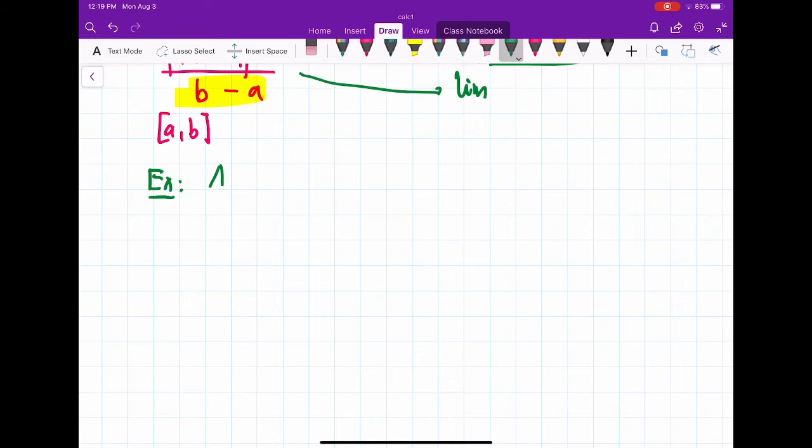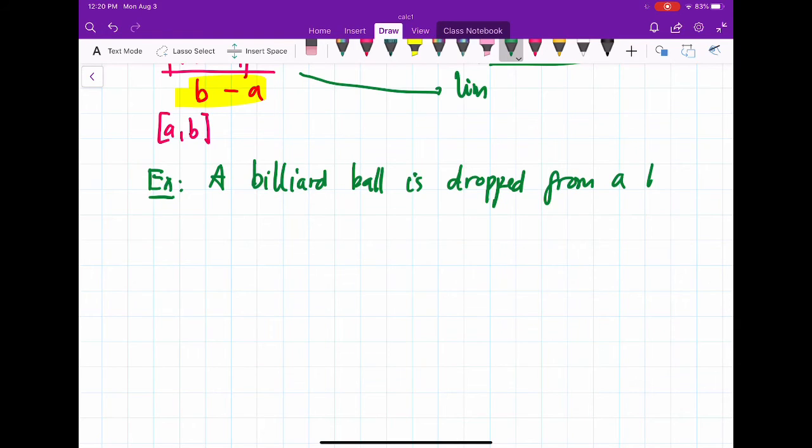We have a billiard ball that is dropped from a height of 100 feet.